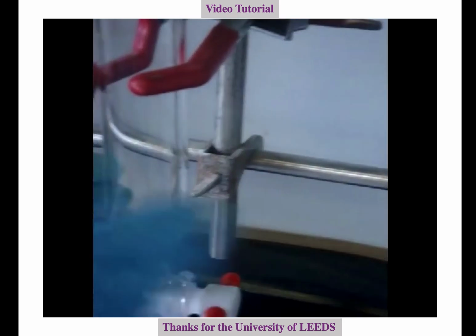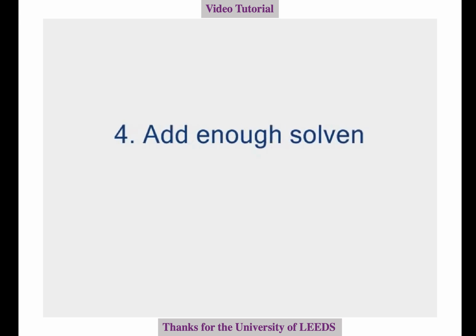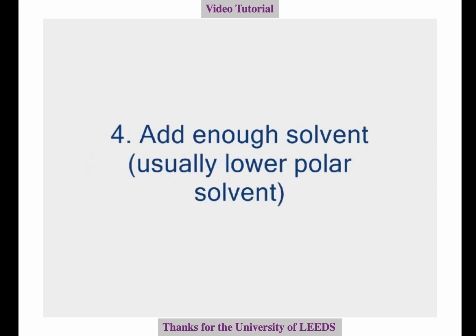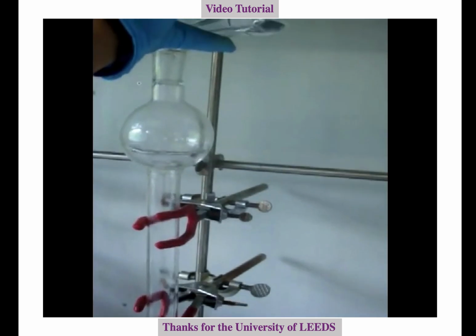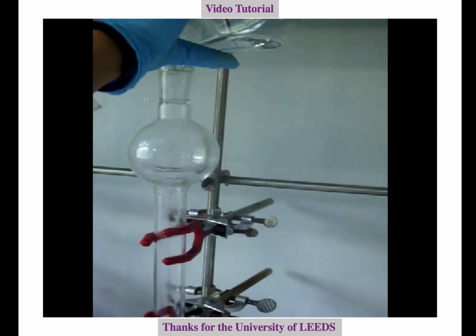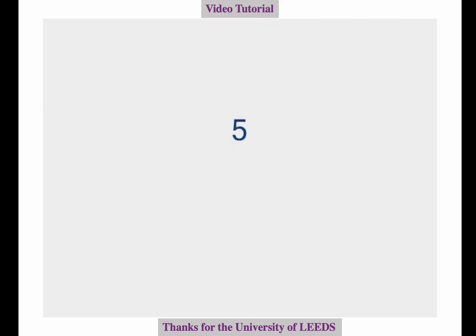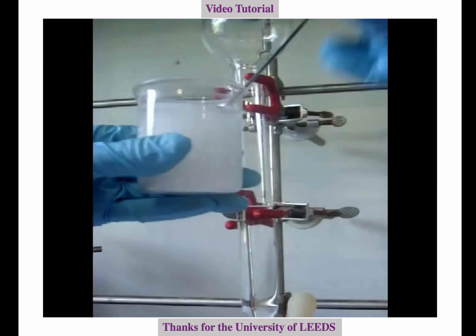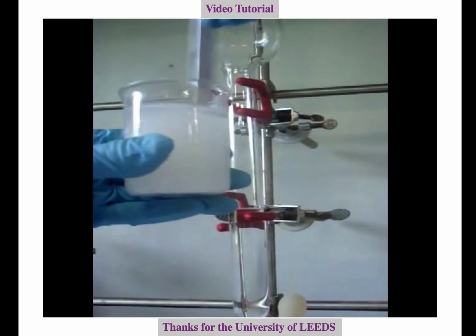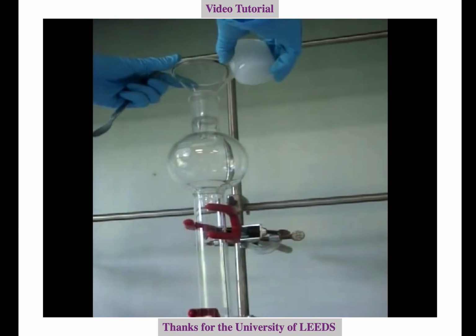Then we have a mixture of silica powder and the mobile phase. Note that it says silica slurry, which means the mobile phase and the stationary phase are a slurry together, but pourable.